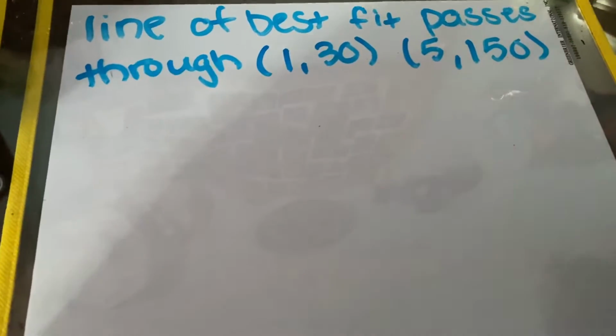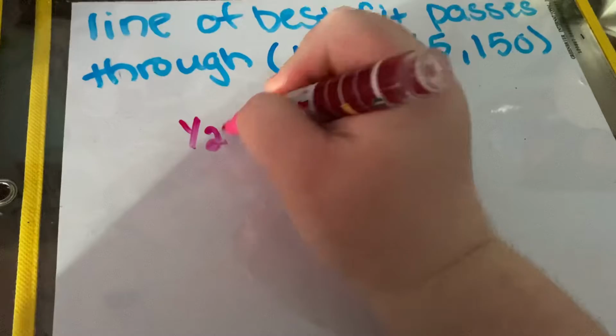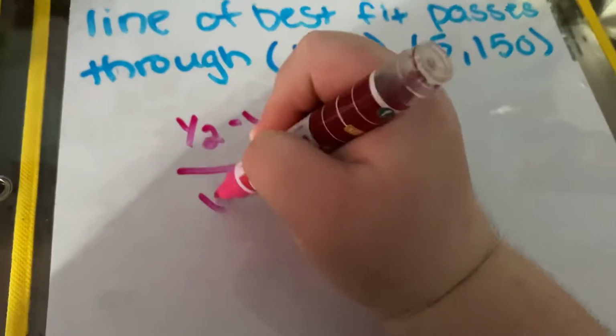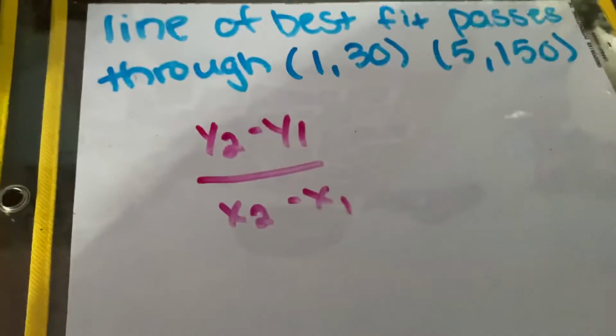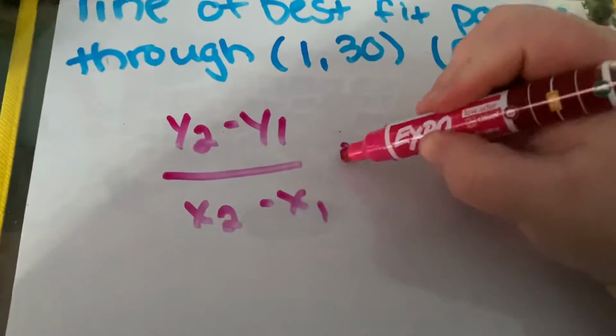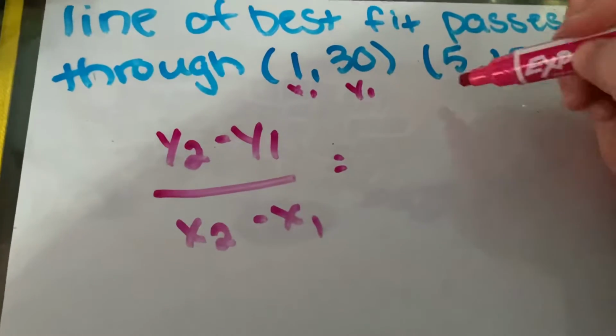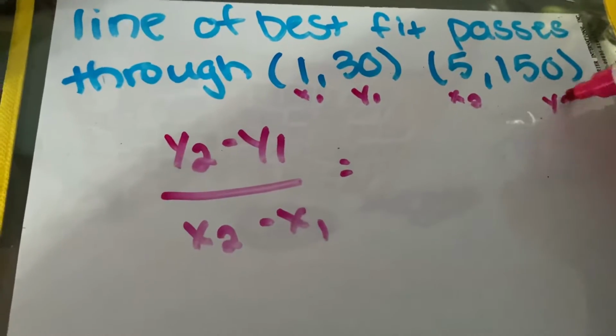The first thing I need to do is calculate my slope. That is y2 minus y1 over x2 minus x1. This is my x1, y1, x2, y2.